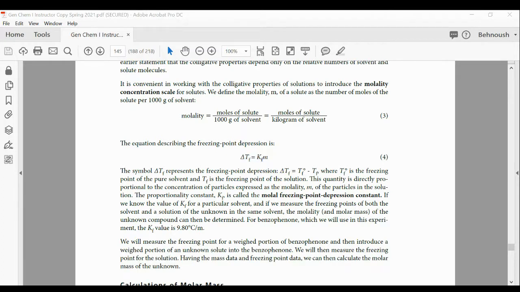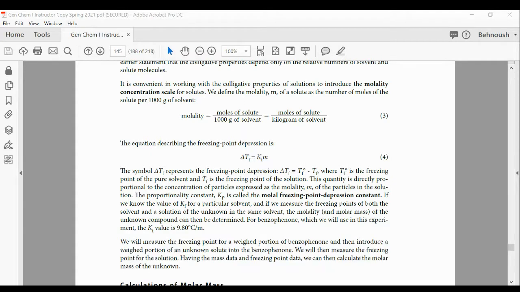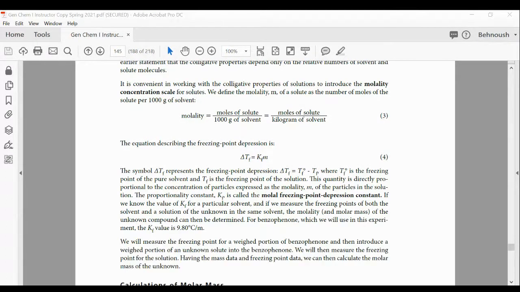Ashley, have you answered any questions? Okay, if it says freezing point depression, sure, it's a freezing point depression. My question is, experimentally, how do you find that number? Because in the lab, it's not a given number. You have to find that value.